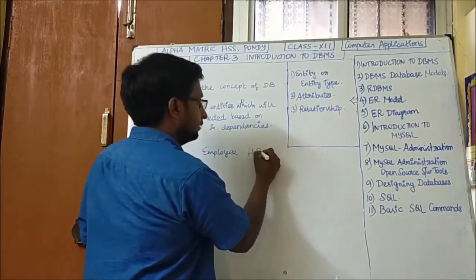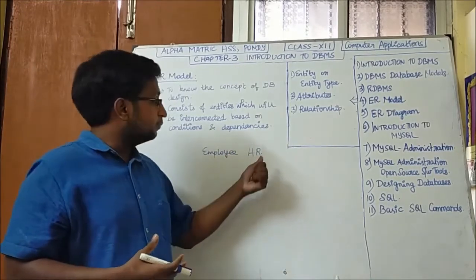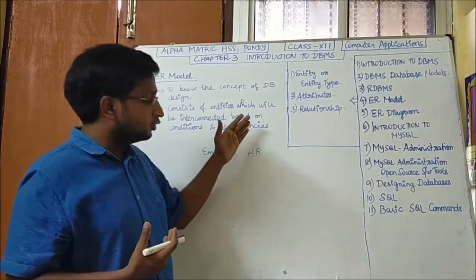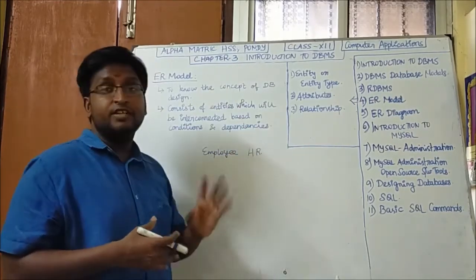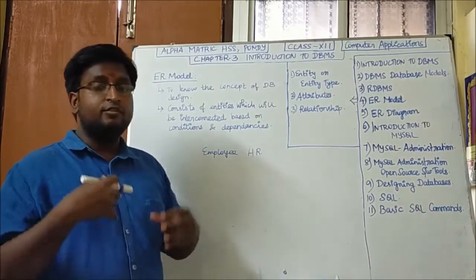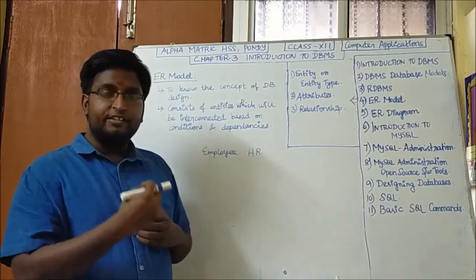Or HR, meaning human resource. It may be an HR department or the details of the HR working in a company. It is easily identifiable, so these are called entities.